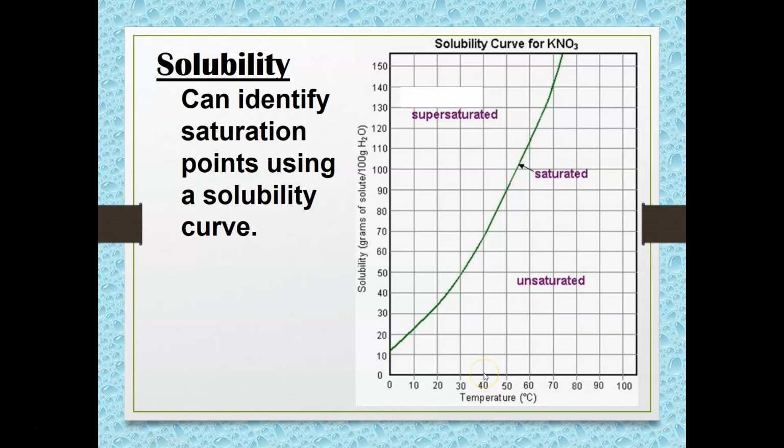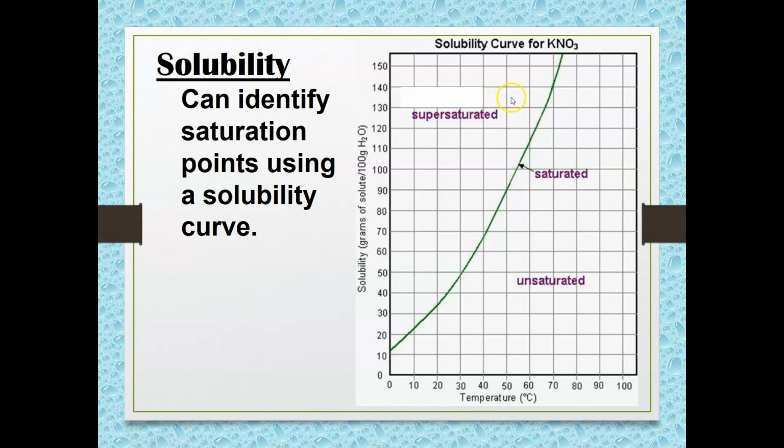If you're at 40 degrees, you can dissolve almost 70 grams. If you're at 50 degrees, you can dissolve 90 grams, right? So you can see where the saturation point is on the line itself. So if you have less than that, you're unsaturated. If you have more than that, you're supersaturated.